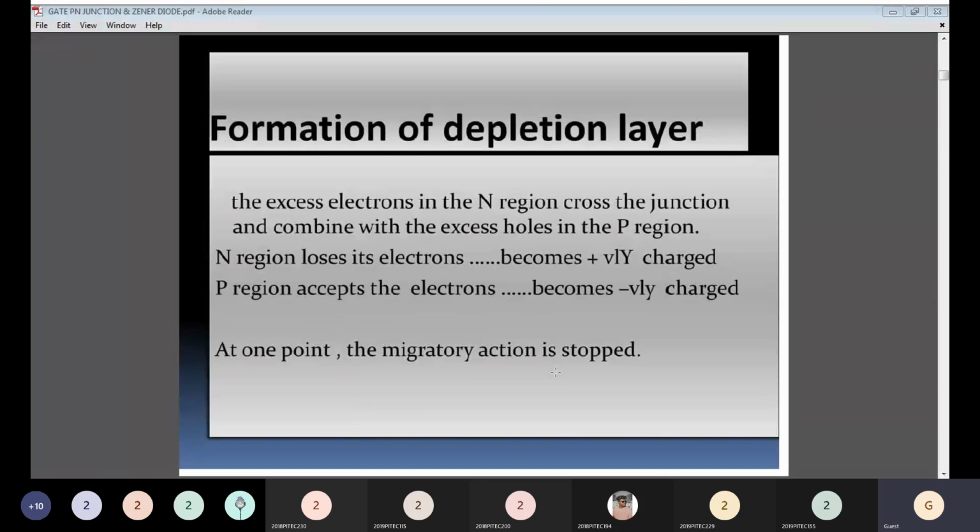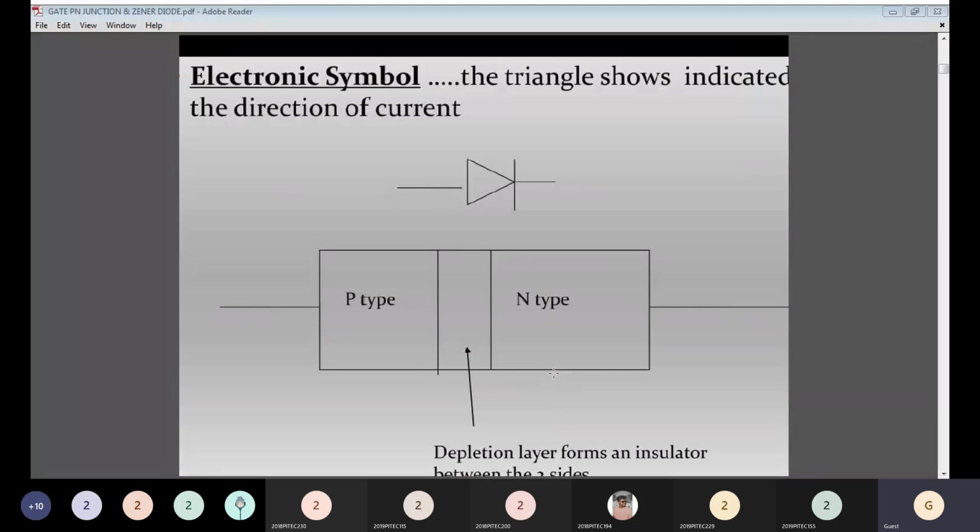The excess electrons in the N region, when provided with the biasing supply, will cross the junction and combine with the excess holes in the P region. So in P-type material, holes are present, and in N-type material, electrons are present.